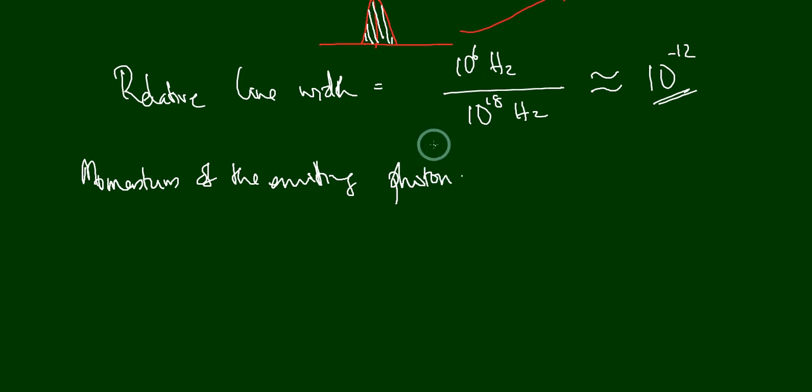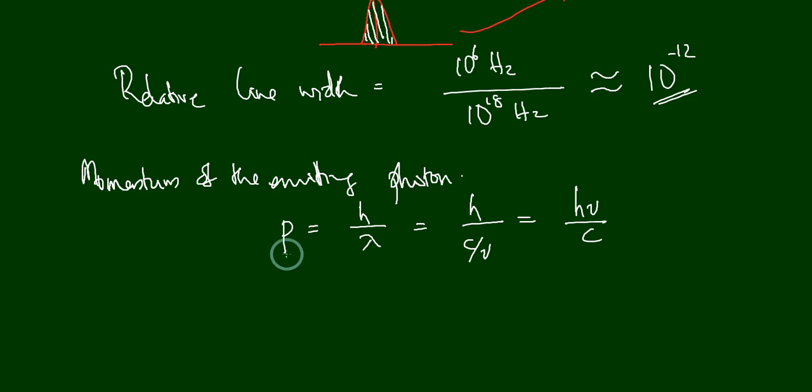From de Broglie's relation, we can calculate the momentum. The momentum p is equal to h divided by lambda. We already know this from the de Broglie relation. That is equal to h divided by c divided by nu, because lambda is equal to c by nu, and that is equal to h nu divided by c, right? So we can calculate the momentum of the gamma ray photon being emitted from the cobalt source.